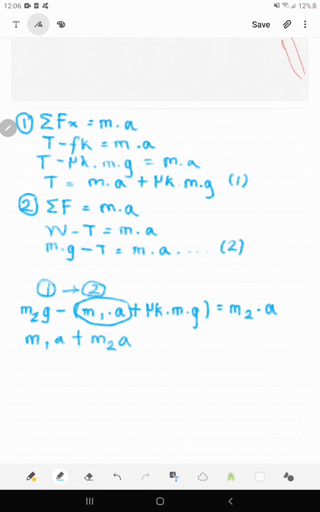So it will be m of first object times a plus m of second object times a equals m of second object times g minus friction.